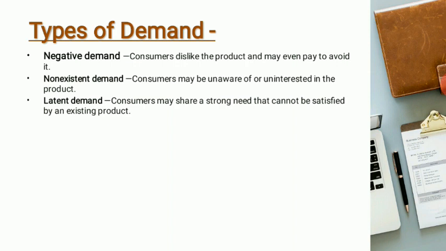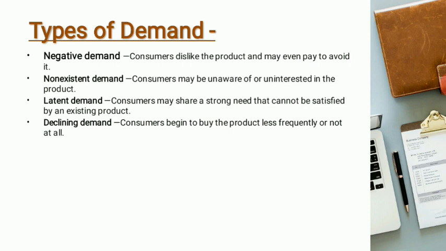Next is latent demand. Consumers may share a strong need that cannot be satisfied by an existing product. That is called latent demand. Like in the case of phones, when the smartphone was invented, the basic keypad phone became obsolete.